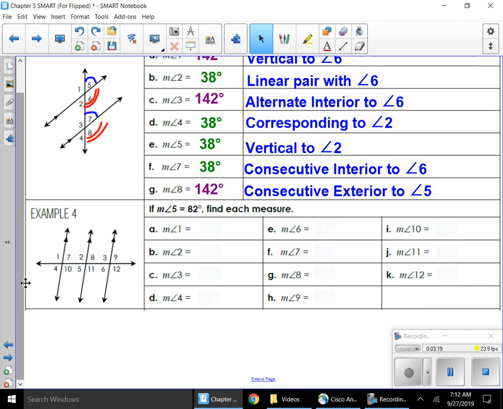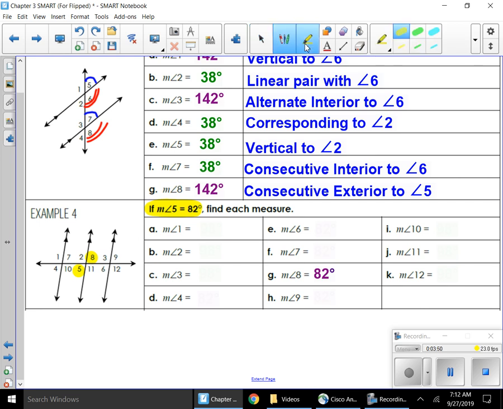They don't even ask for a reason, so I'm not going to put this one in its own video because it's fairly quick. Notice they start you off by saying angle 5 is 82 degrees. Okay. So we can go through this table starting with angle 5. Well, if angle 5 is 82 degrees, so is angle 8, because those are vertical angles. And if that's the case, well, let's jump over to angle 6.